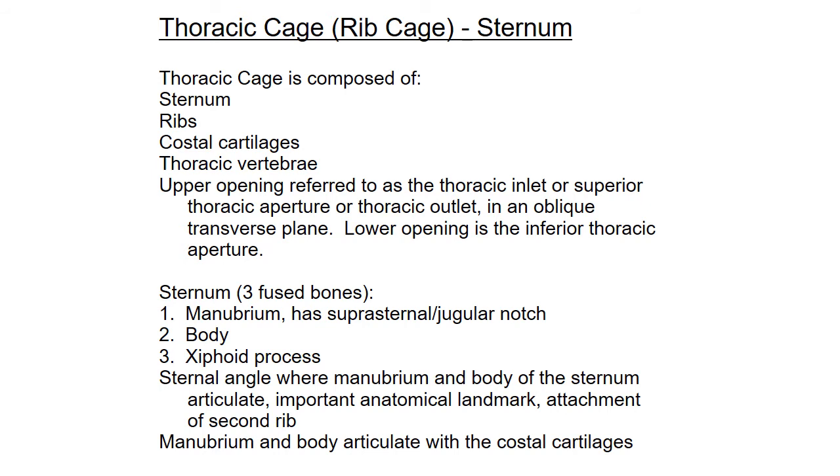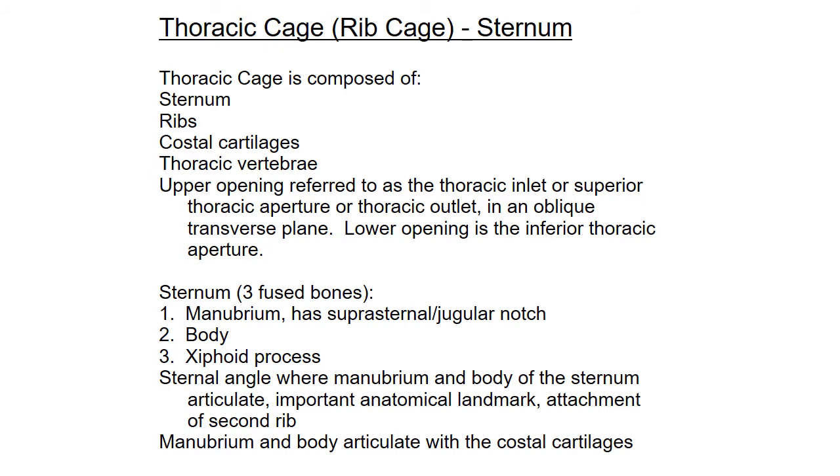So if you reach up and touch that soft spot right above the bony part of what you refer to as your chest bone, there's a little divot right there. That's the top of the manubrium, and that's the suprasternal or jugular notch. Then if you feel down the sternum, you'll feel the body, and then the very bottom or inferior part is the xiphoid process. It's a little tiny bone that sticks down there. Those 3 bones are fused.